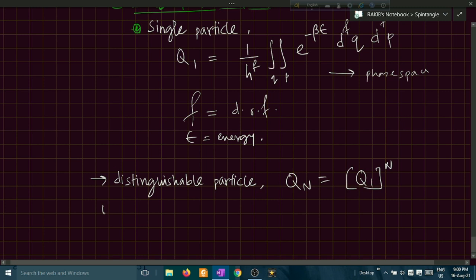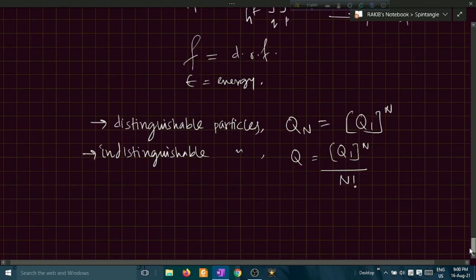And for indistinguishable particles, what do we have to do? For indistinguishable particles, you have to divide this by n factorial. This is q1 to the power n upon n factorial. Why? To reduce the number of microstates.